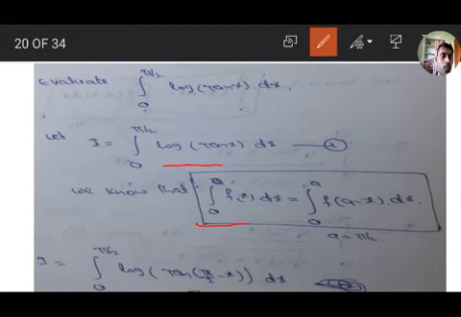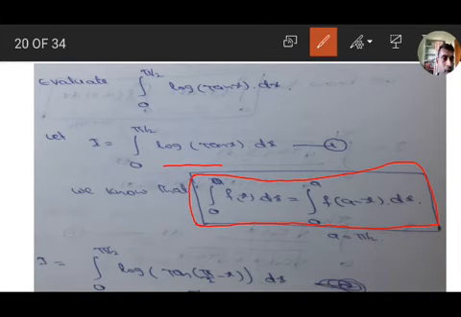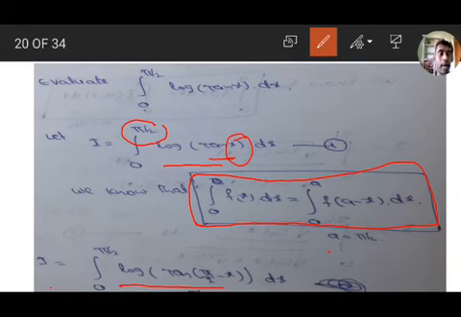We know the formula: the integral from 0 to a of f of x dx equals the integral from 0 to a of f of (a minus x) dx, where a equals pi by 2. So substituting pi by 2 minus x in the place of x, we get I equals the integral from 0 to pi by 2 of log of tan of (pi by 2 minus x).